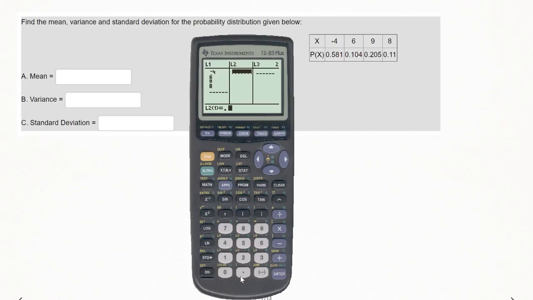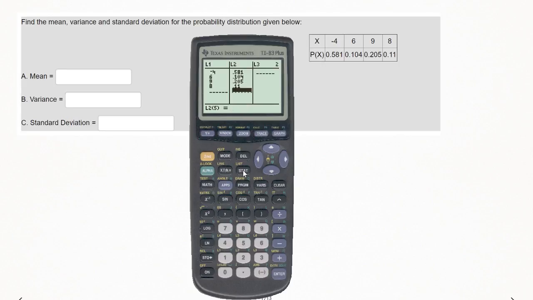And then our probabilities are 0.581, 0.104, 0.205, and 0.11.